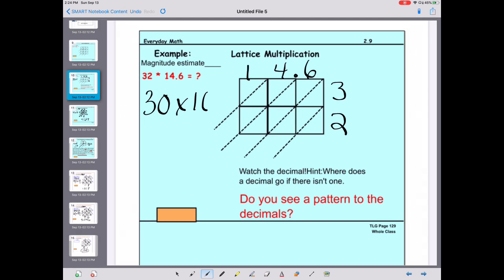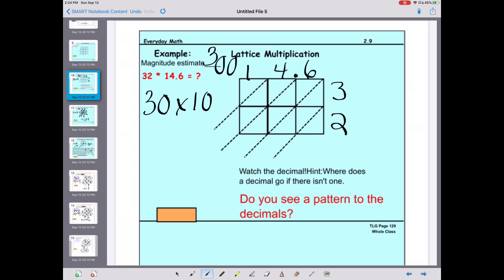I'm going to do 10 because the 4 couldn't make it bump up to 20. 3 times 1 is 3 with 2 zeros. 300 is going to be a really rough estimate because we really rounded.